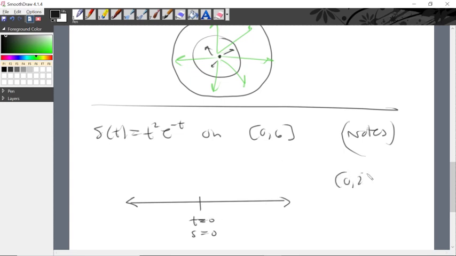And then at t equals 2, the position was approximately 0.541. So over the first 2 seconds, this particle was moving to the right. And then it's standing still. Now, is it going to move back to the left, or is it going to continue moving to the right after momentarily standing still at t equals 2?